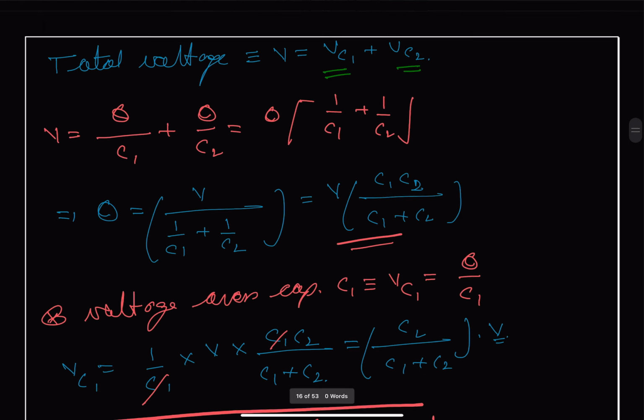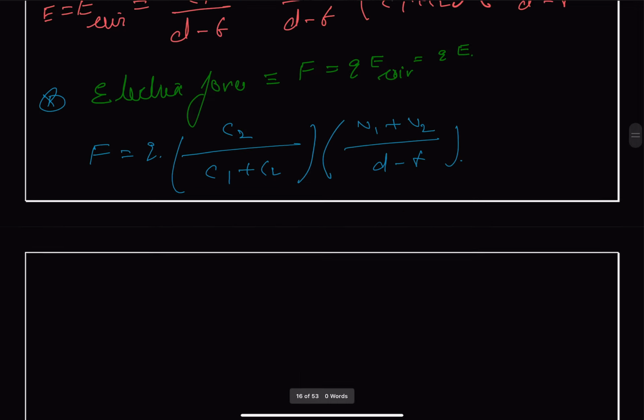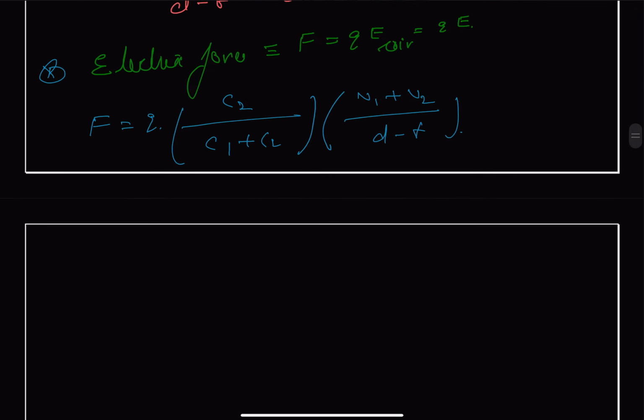Therefore, we can say that tangent of theta is our force due to electric field divided by mg, and force due to electric field we called as F, and we have mg.